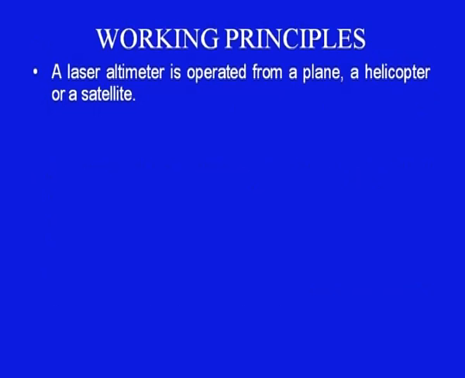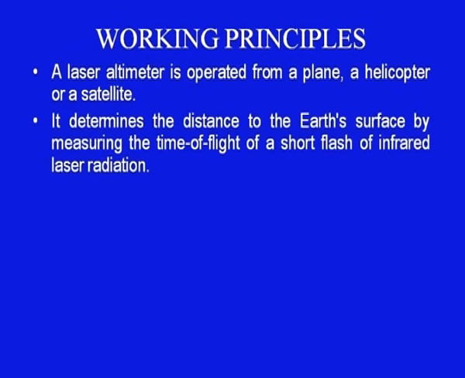Let us look at the working principle of a laser altimeter. A laser altimeter is operated from a plane or a helicopter or from a satellite. It determines the distance to the Earth's surface by measuring the time of flight of a short flash of infrared laser radiation.